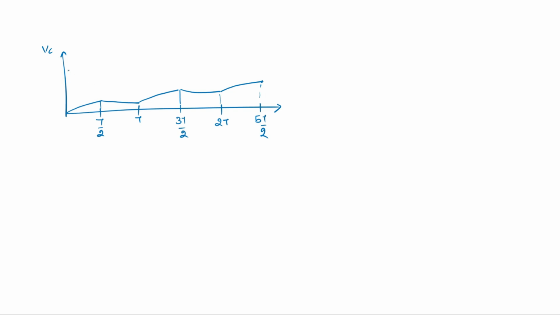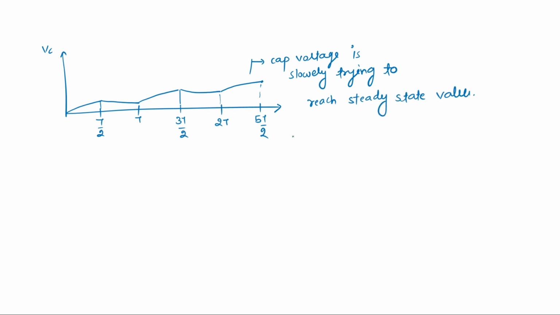Okay, so this is the capacitor voltage. Accordingly, we can have the V out plot.